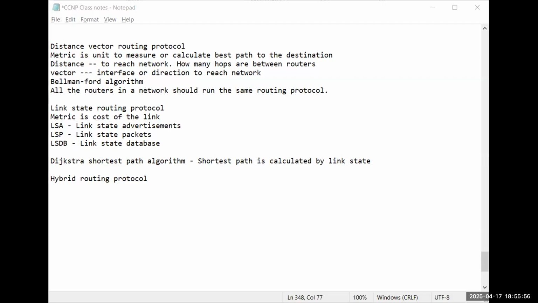So hybrid routing protocol, we can also call it enhanced distance vector.